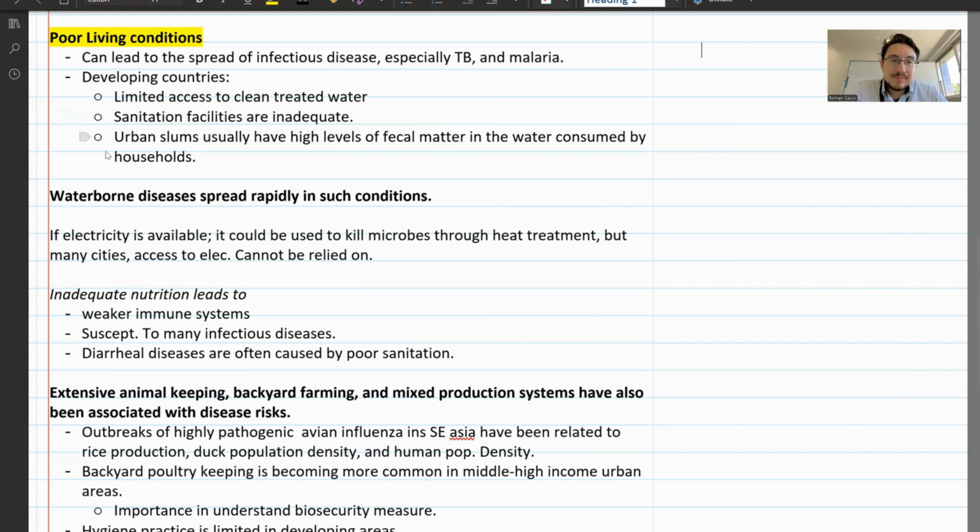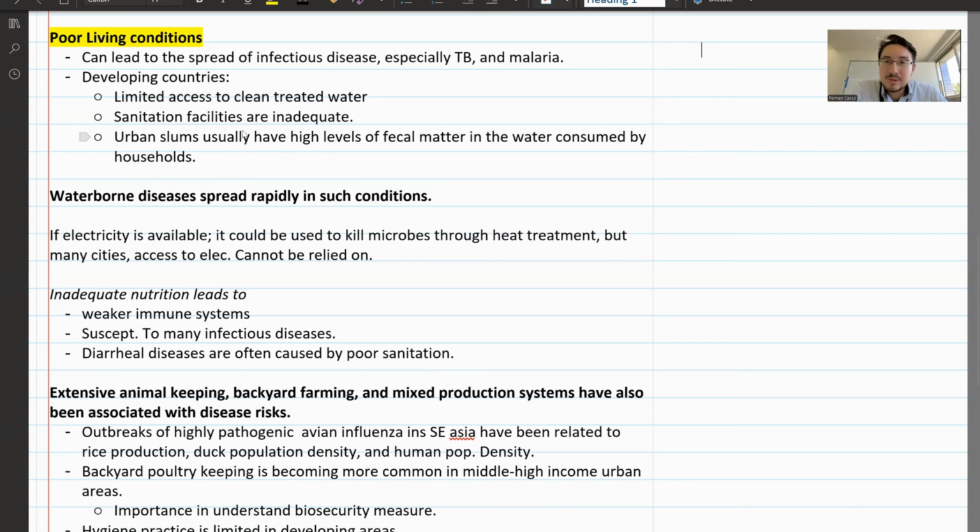Aside from that, sanitation and hygiene. How much do you clean a certain area, surfaces, and so forth, wipe off surfaces? Generally, where you have urban slums or poor locations, there are high levels of contaminants, like fecal matter in the water that is consumed by households.